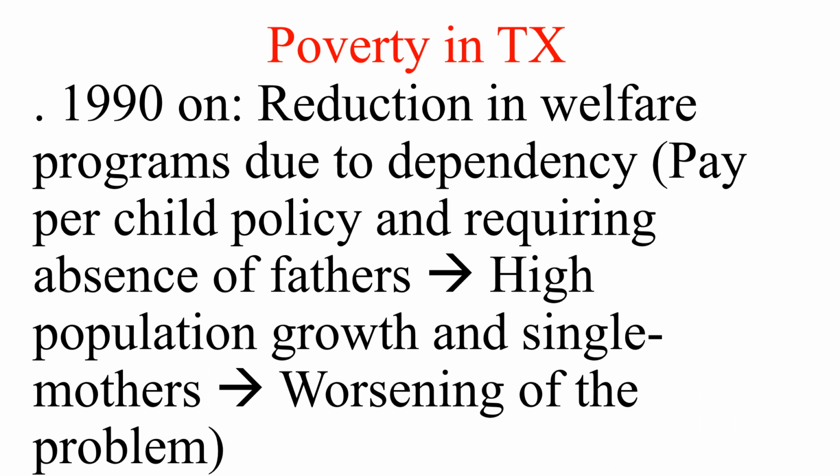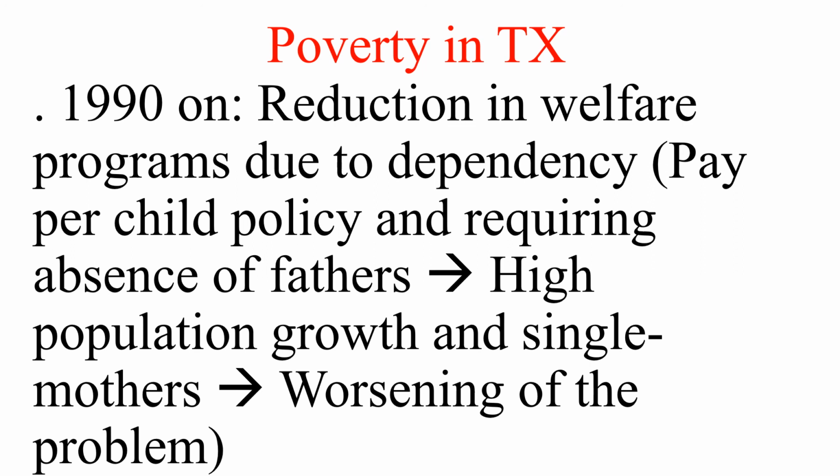The argument was that welfare actually creates dependency. It incentivizes individuals to not try hard enough and depend on the government to sustain their lives. So it's what economists call a perverse incentive. It's an incentive that rewards the person for the opposite of what you'd like them to do.